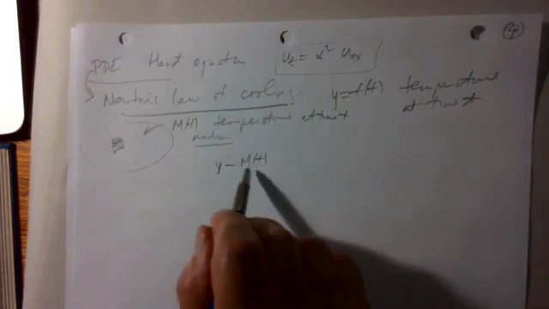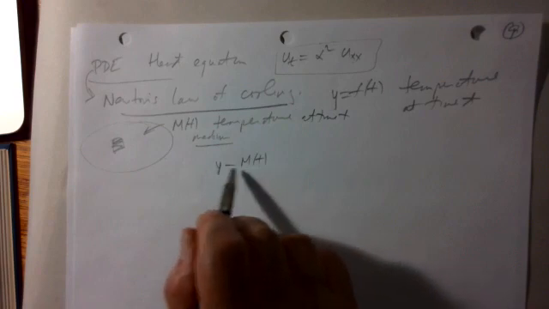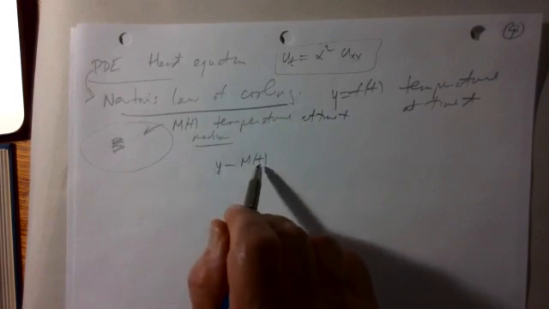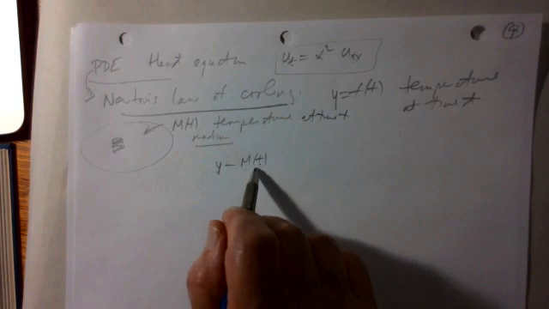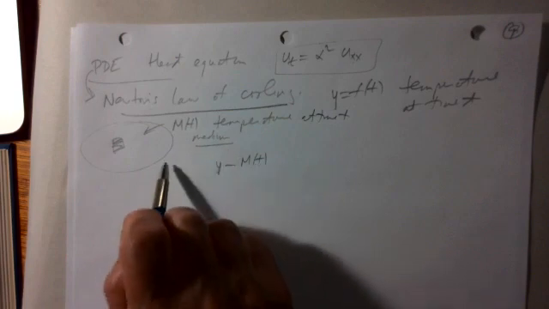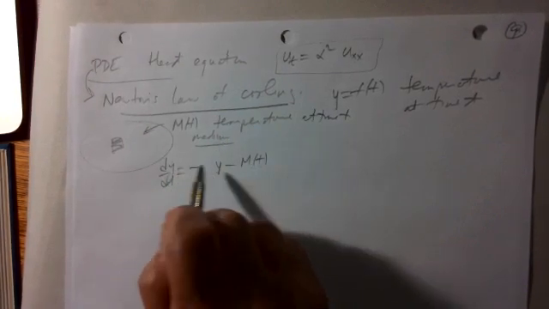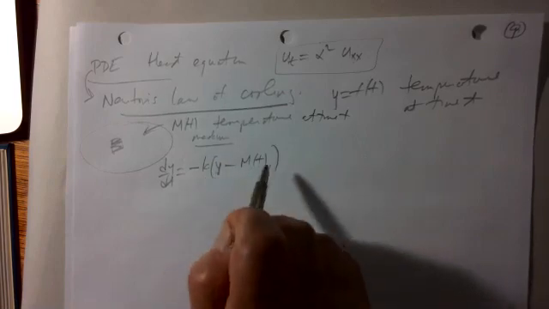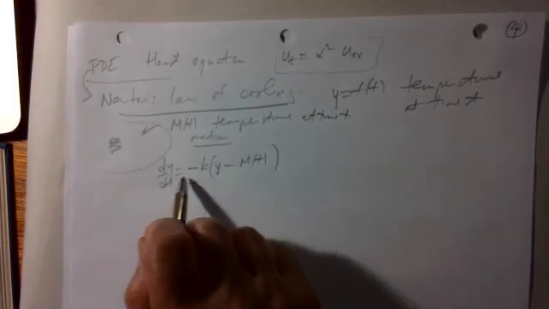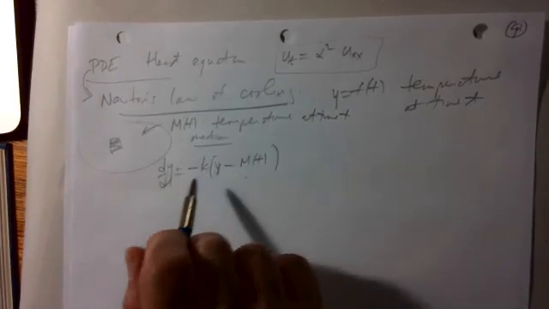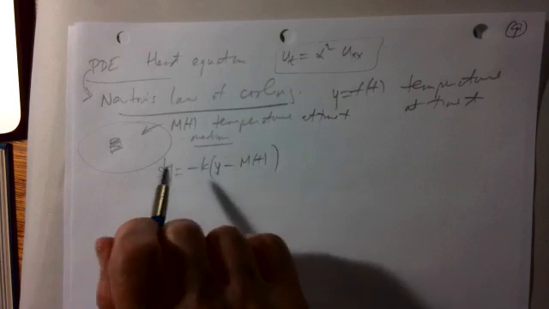You look at the difference: if the body temperature is higher than the medium's temperature, it means this is positive. You expect the body to cool. So dy/dt will be negative. And exactly how it's negative is Newton's law of cooling.